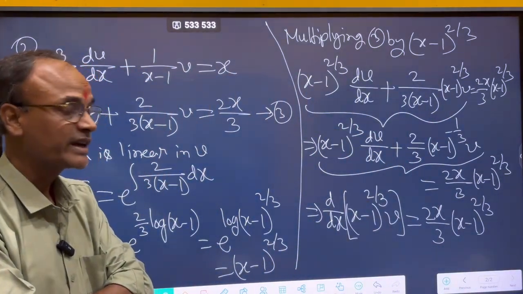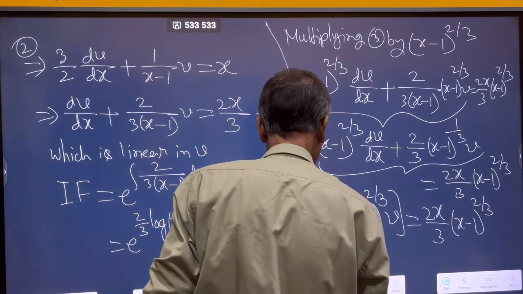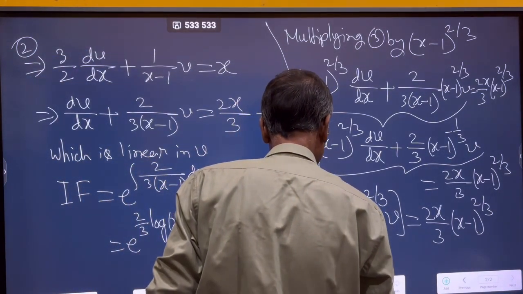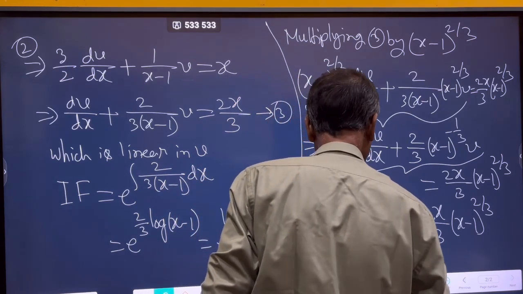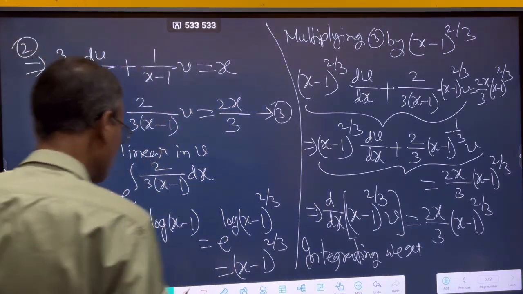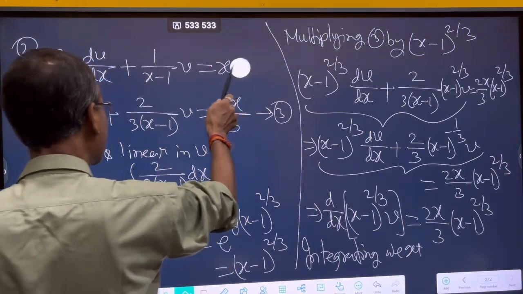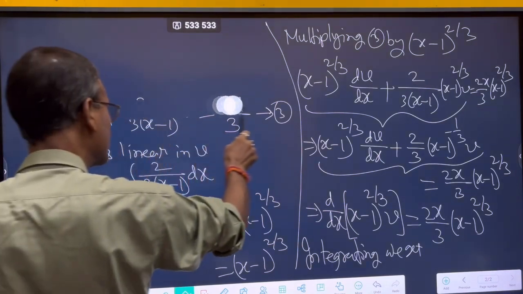Now integrating, we get, we are going to integrate this one.